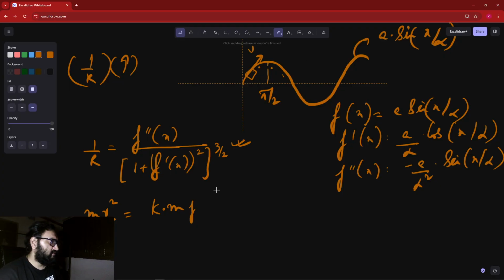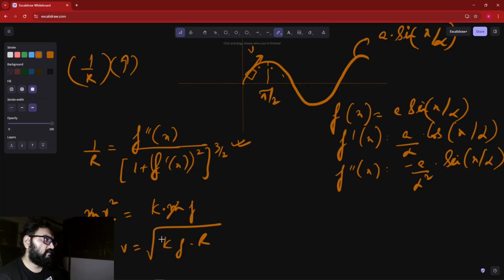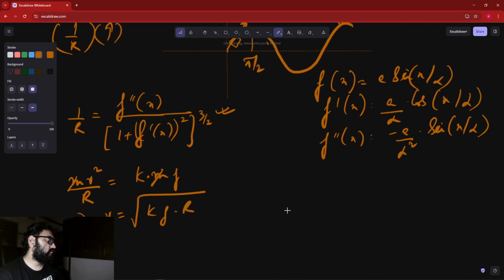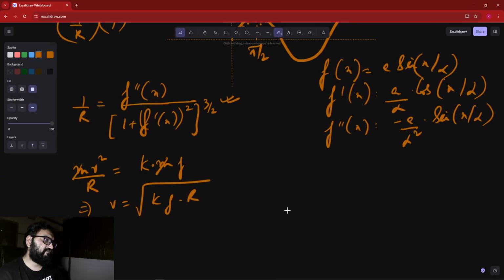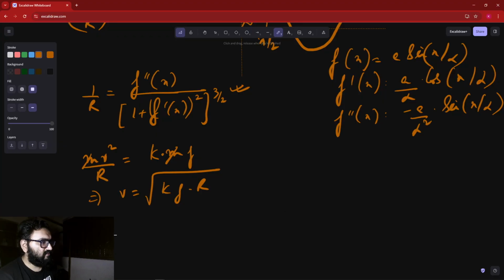So m and m get cancelled. I need to maximize 1 by r in order to get my velocity. Whatever my 1 by r is, I will figure out the value of r accordingly, substitute that in here and I'll get the answer. I've already figured out what f double dash x and f dash x are, so I'll replace them in this equation.